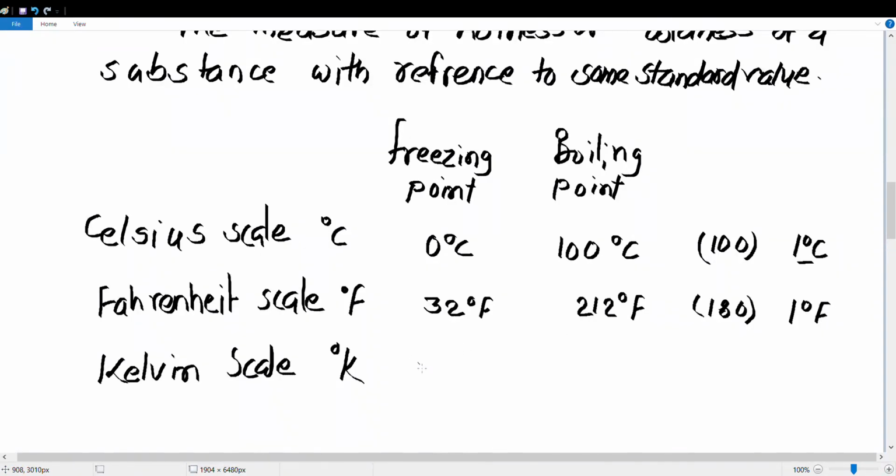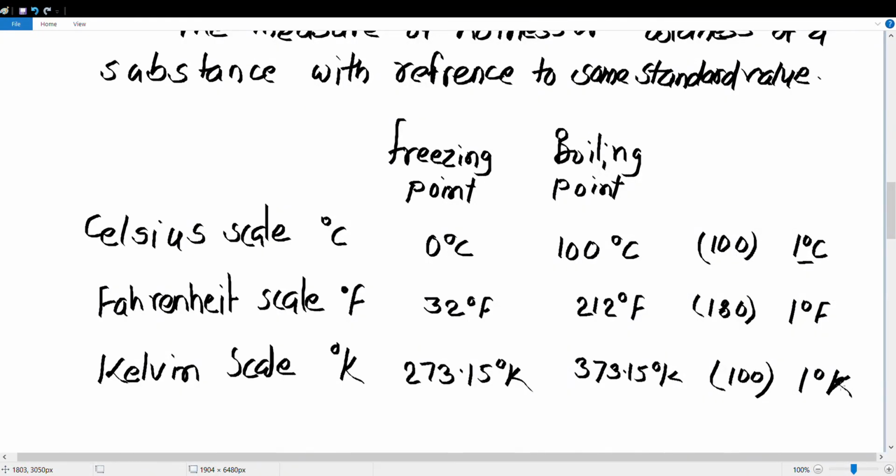In the Kelvin scale, the freezing point is at 273.15 degree Kelvin, and the boiling point is at 373.15 degree Kelvin. The difference is 100 divisions. So one division is 1 degree Kelvin.